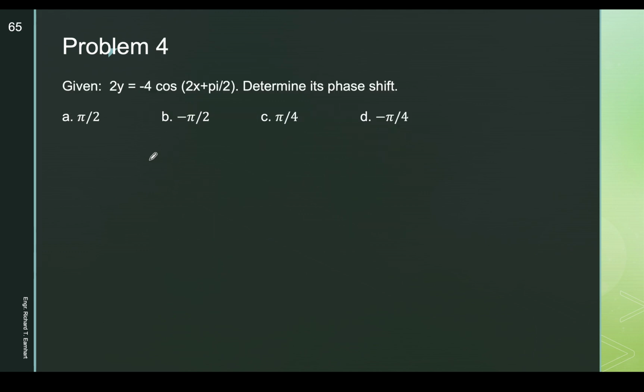Okay, for the phase shift, the standard form here is a cosine of (bx minus c), where c is the phase shift. So therefore the phase shift is negative pi over 4. Okay, so negative pi over 4. So the answer must be letter D.